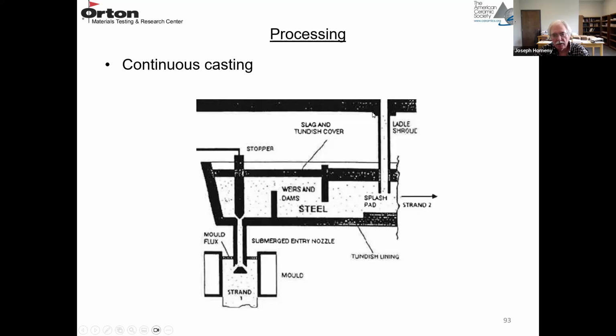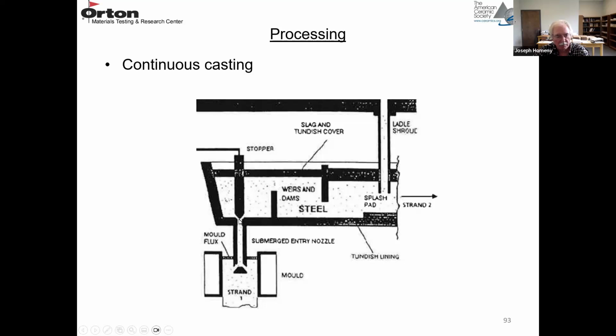So here's the bottom of a ladle with a slide gate, and then here's a ladle shroud, a tube that sends the metal to this other vessel known as a tundish. So now you have steel in a tundish, and this one, instead of a slide gate here, which is probably more common, this one is showing a stopper. So you push the stopper down, you stop the flow of metal, you pull it upward, you allow metal to flow.